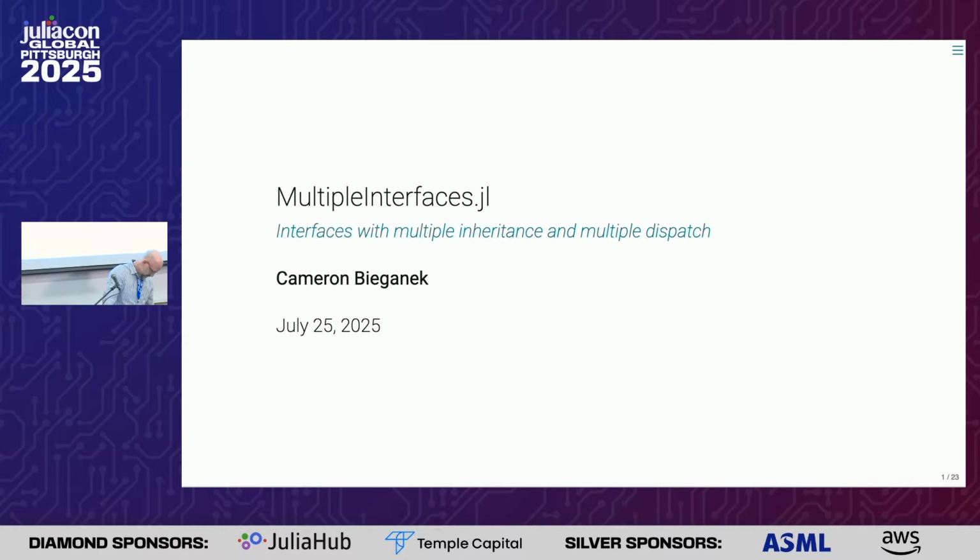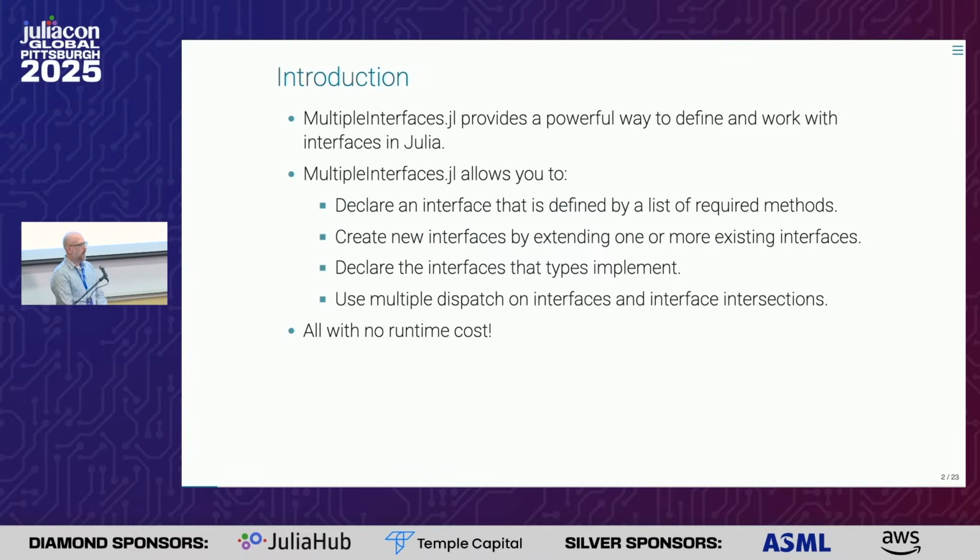Please give your attention. Hi, I'm Cameron Bieganek, and I'm here to talk about MultipleInterfaces today, which is a package I've worked on for a while now. MultipleInterfaces provides a way to work with and define interfaces in Julia. You can define an interface as a list of required methods.